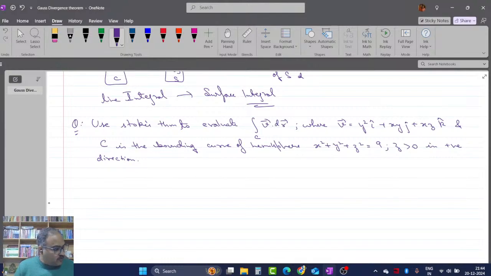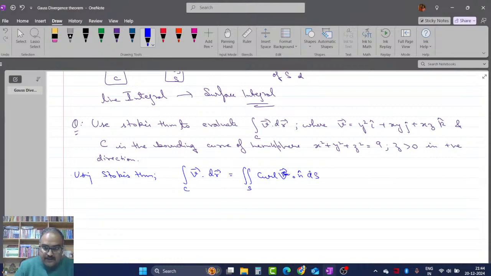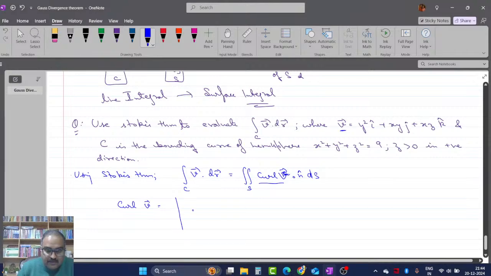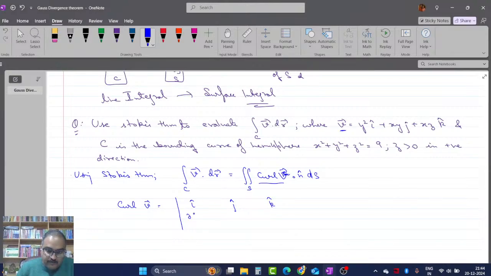So first of all what we have to do, using Stokes theorem, we know that the line integral v dot dr is always equal to the surface integral of curl of v dot n cap into ds. Okay, as per the statement, here it is v so I will use v, if it is f I will use f. So first of all I need to find the curl of v. Now curl of v vector means determinant of i cap, j cap and k cap, del by del x, del by del y, del by del z.